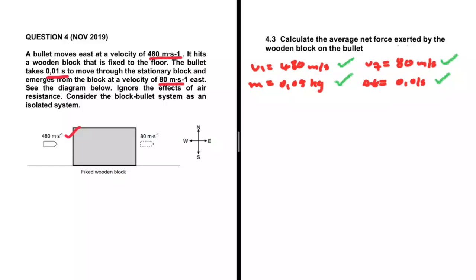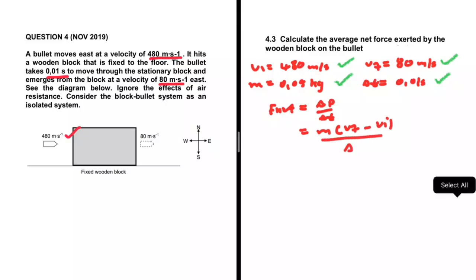It should be easy for you to see which equation we have to use here. We will use F net is equal to the change in momentum divided by the change in time. So F net will be equal to the mass multiplied by VF minus VI, everything divided by delta t. So the mass is 0.05.